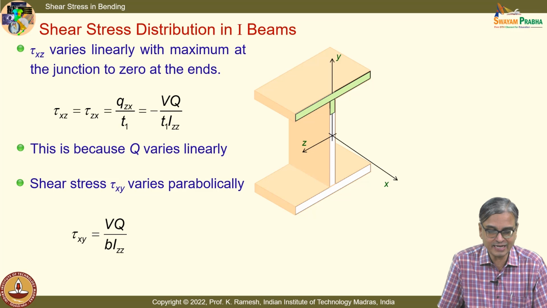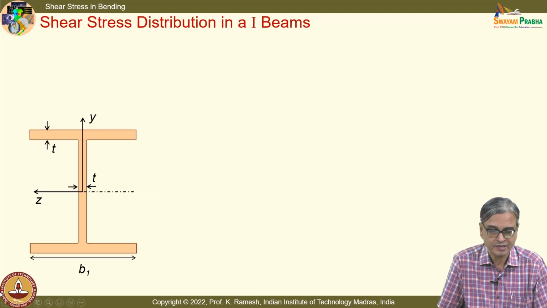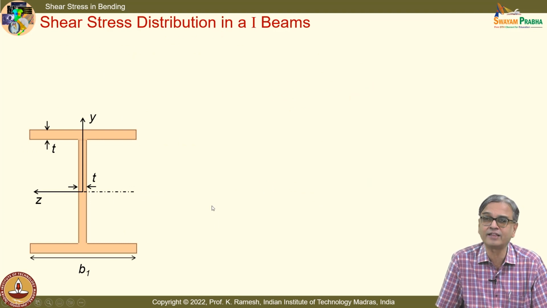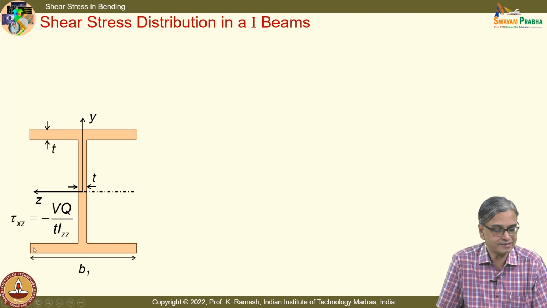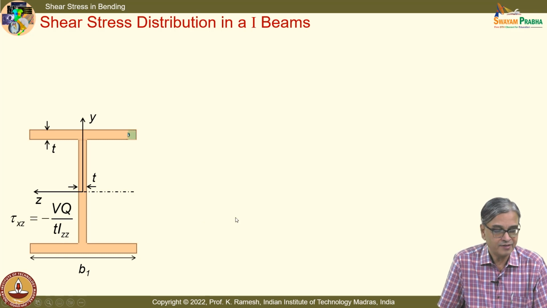And you also have a nice 2D picture. I have this shown. This you can easily draw and then make your ideas clear. So I have tau xz equal to minus VQ by t Izz. When I want to calculate this, I will calculate only like this. I have a small area and have this y, and then the area increases, and this y remains constant.